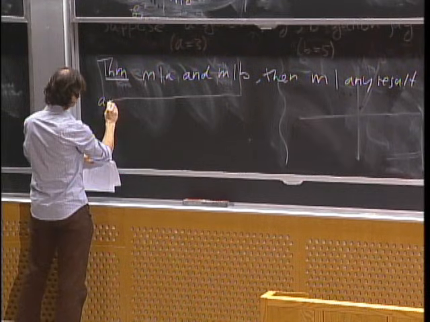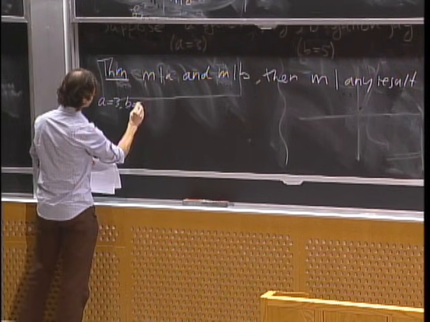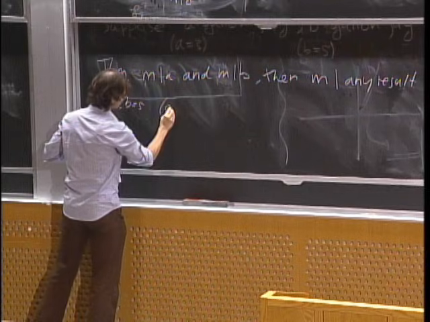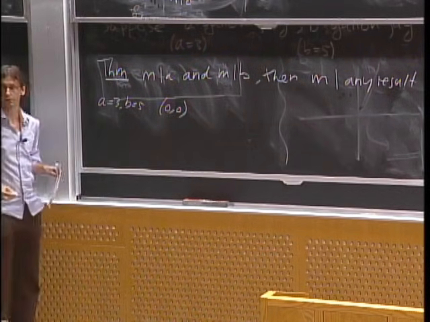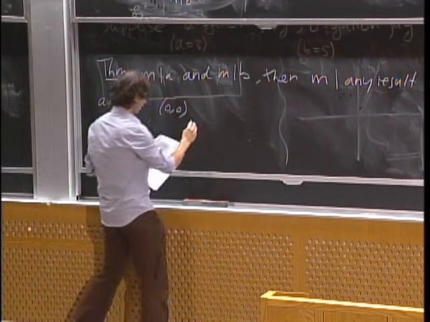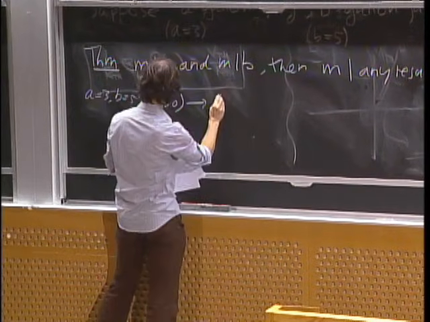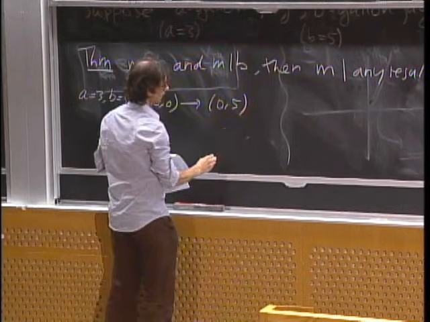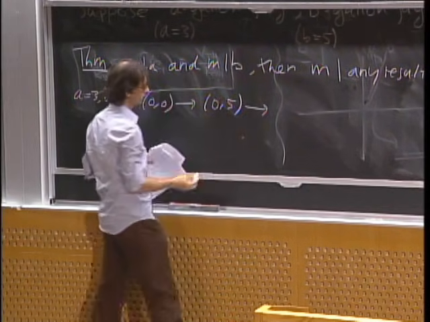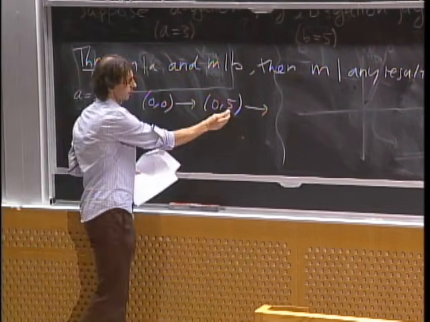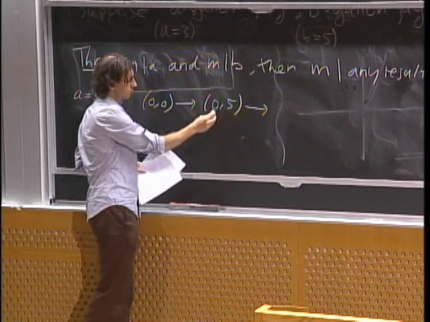So we have that A equals 3, B equals 5, right? We start with empty jugs. We filled up the 5-gallon jug, right? Then we started pouring the 5-gallon jug as much as we could into the 3-gallon jug.